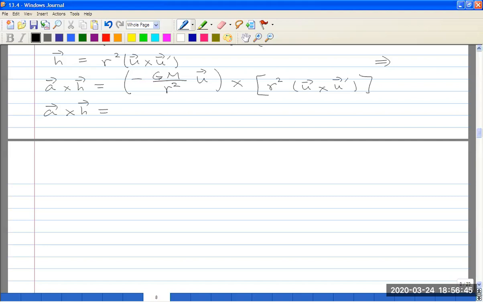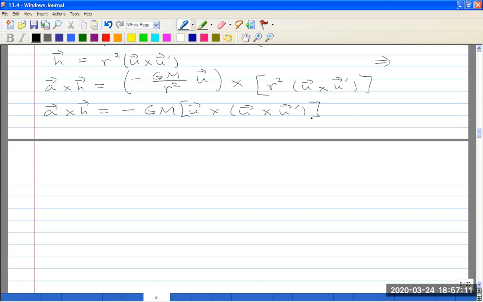Again, by the properties of the cross product, the R squares cancel. So I get minus GM U cross U cross U prime.